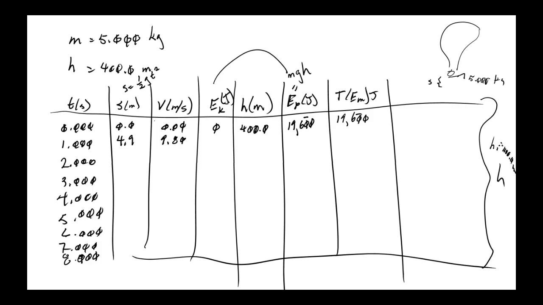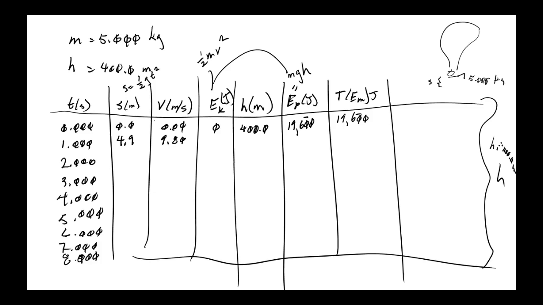Now, what is its kinetic energy? What's the formula for kinetic energy? 1/2 mv squared. So your m is 5.000 kilograms, and 1/2 of that would be 2.5 kilograms. Multiply that by 9.8 squared.